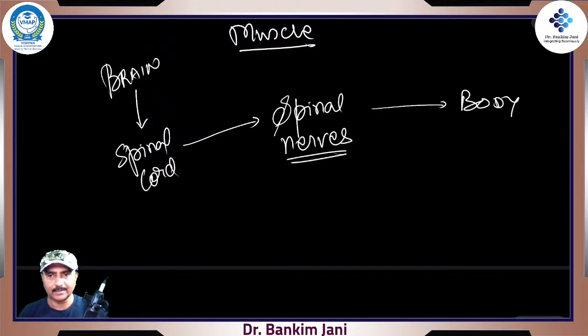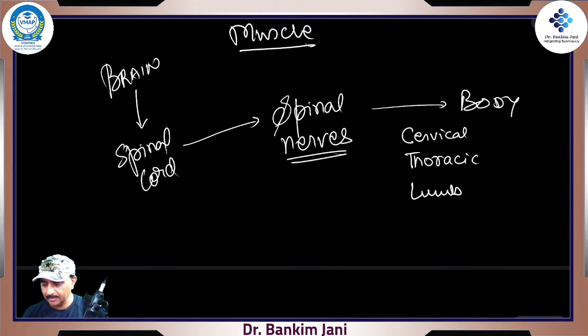If we divide the entire spinal cord, there is cervical, then thoracic, then lumbar, then sacral, and finally the coccygeal.